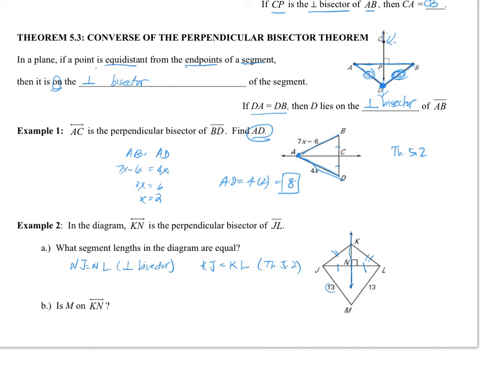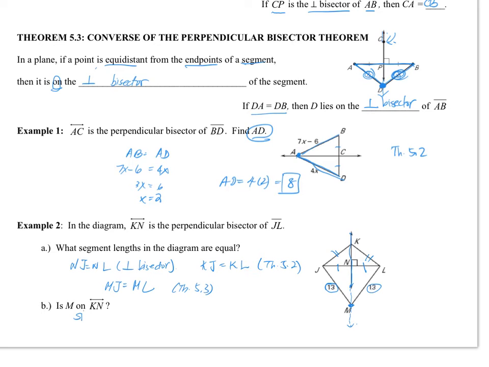Now, I notice that JM and LM have the same lengths, and I want to know if M lies on the line, so by theorem 5.3, we can confirm that because JM equals LM. So we can write MJ equals ML. Doesn't matter. JM equal to LM or MJ equal to ML. And in part B, it asks you, is M located on line KN?